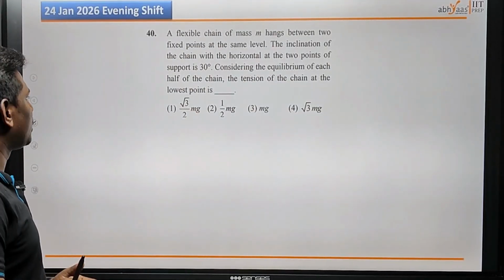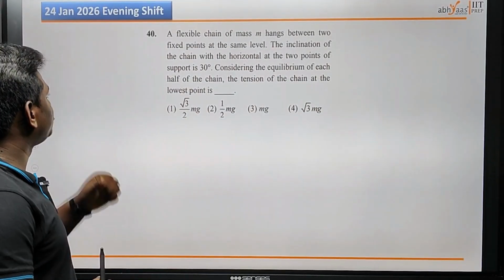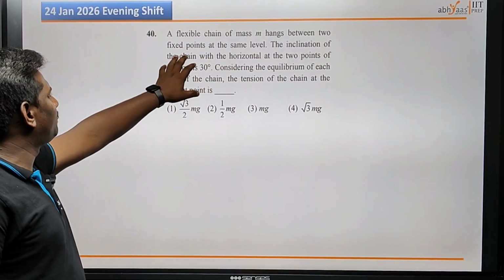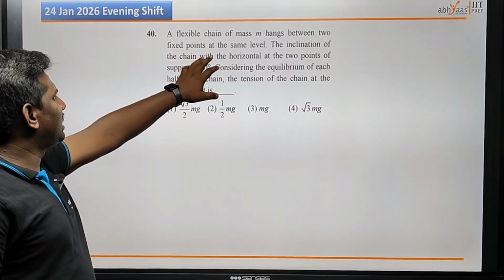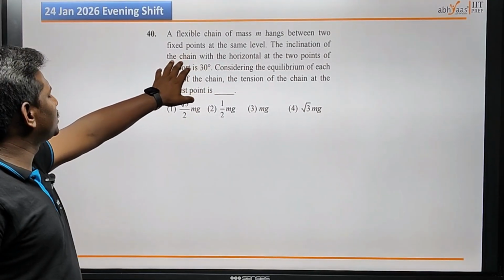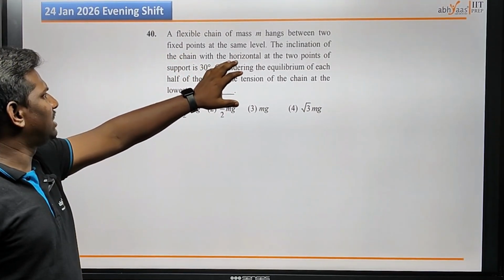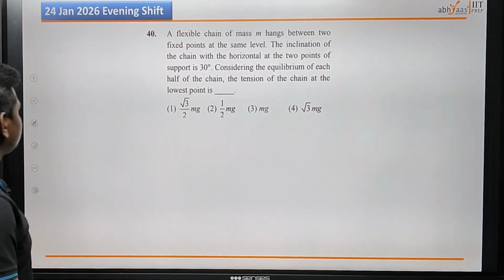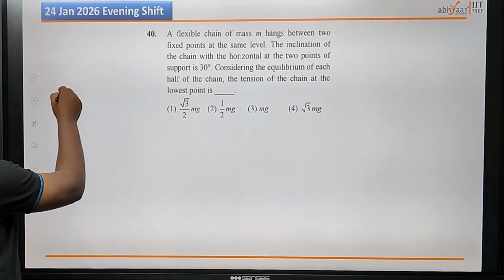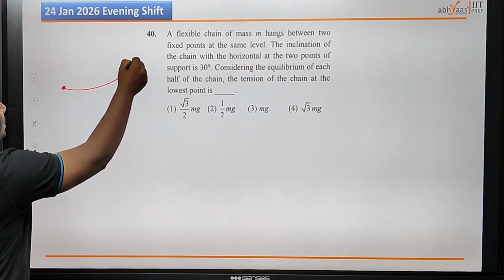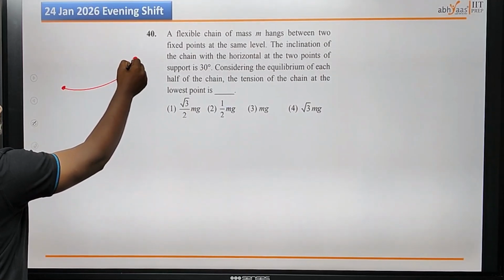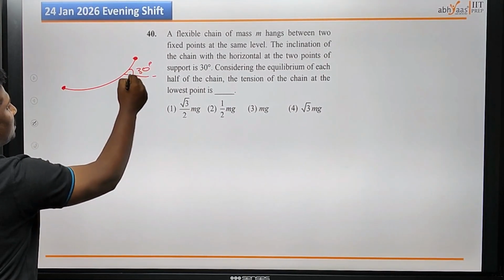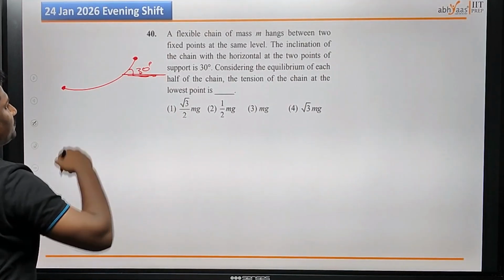Next question, question number 40. A flexible chain of mass m hangs between two fixed points at the same level. The inclination of the chain with the horizontal at the 2 points of the supports is 30 degrees. So we are having a chain at 30 degrees inclination with the horizontal.